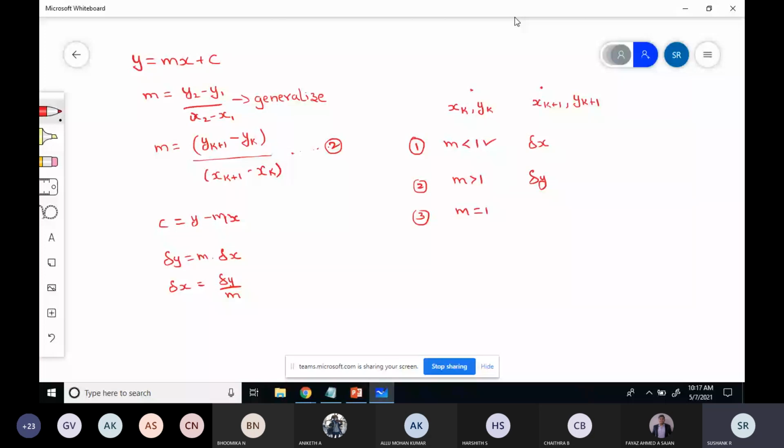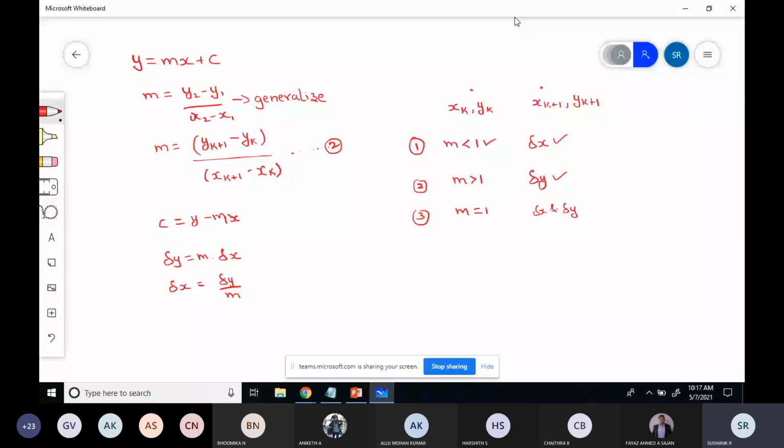So m less than 1 means you will set delta x for the small changes, and if m is greater than 1 means you will set delta y such that it will be proportional to delta x. If m is equal to 1, both delta x and delta y will be equal.